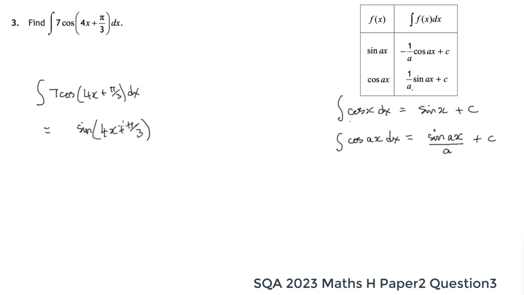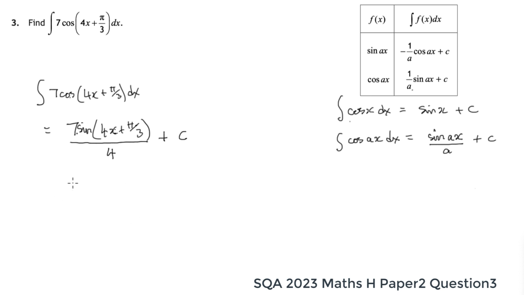It's not going to have any effect on it. Neither is that 7. It just sits there. The 4 takes an active part in proceedings. That's the number multiplying the angle x, or the x term, and we divide by that. Remember, we have to add a constant.